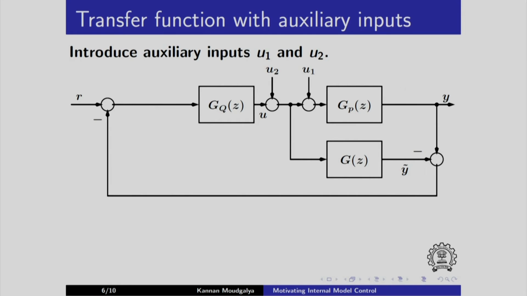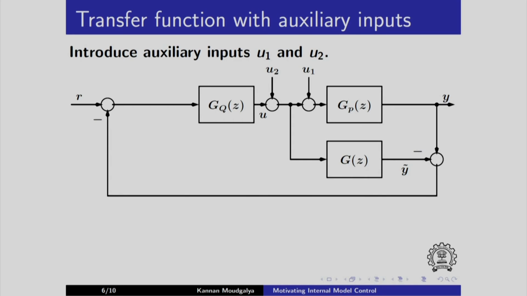Let us look at the transfer function with auxiliary inputs. We would want to study the stability of such a system. So we are about to study the internal stability. Remember, when we discussed internal stability, we said that for all possible transfer functions in the loop, the system should be stable.